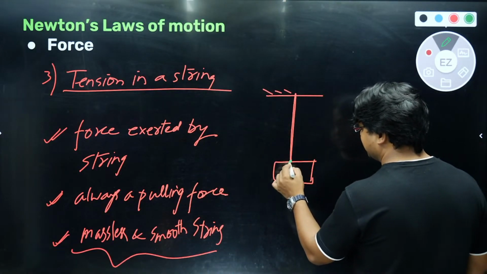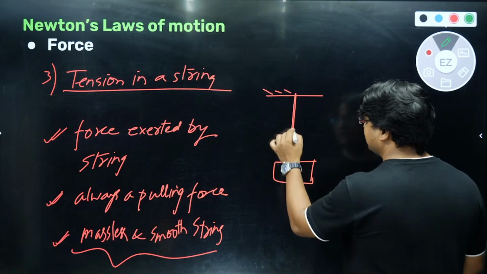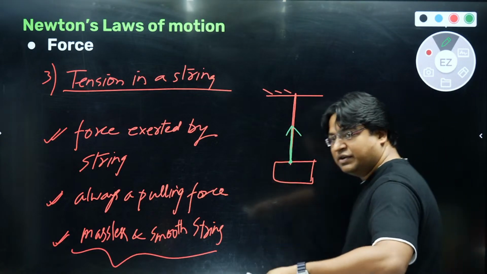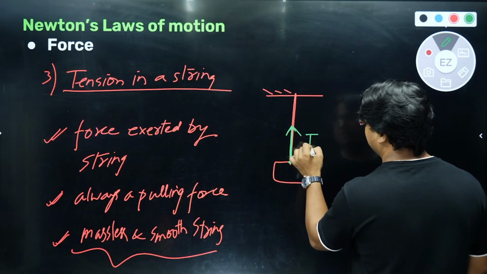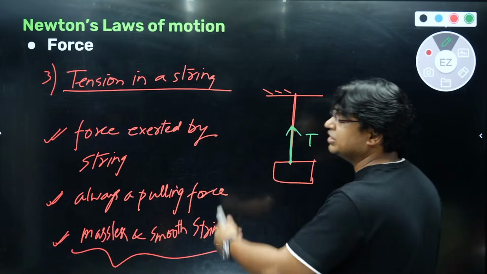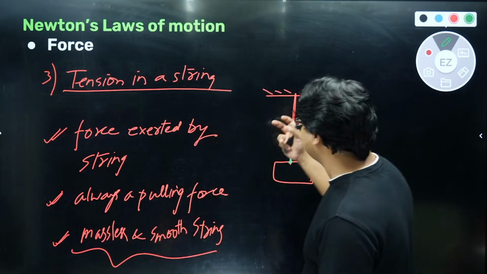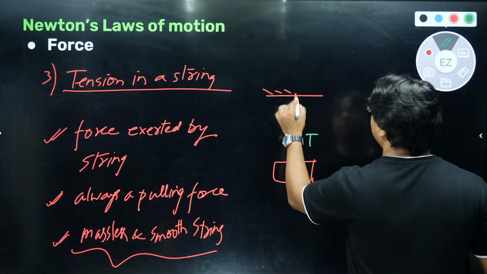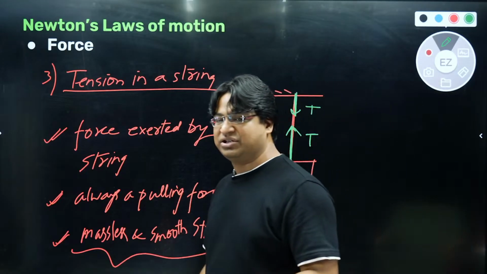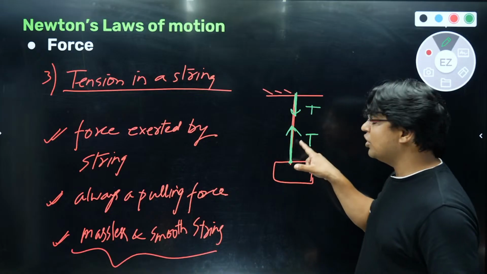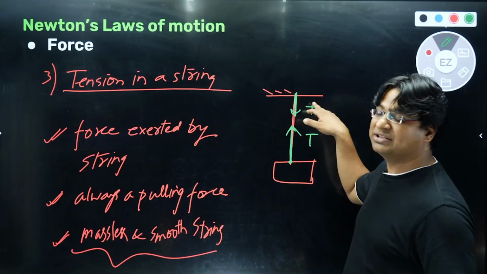Wherever the string is touching the block, if the string tries to pull, it will pull the block towards itself. So draw an arrow on the string, that is your tension. Similarly, is the string pulling the ceiling also? Yes, the string is pulling the ceiling down. So this is tension on the block by the string, this is tension on the ceiling by the string.